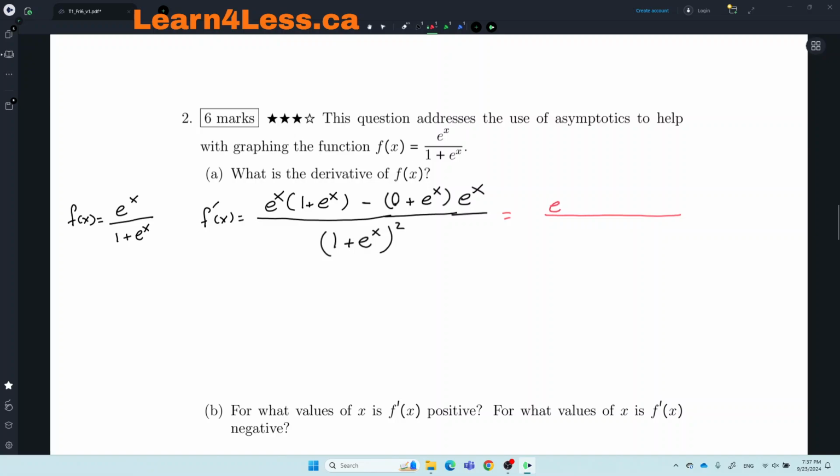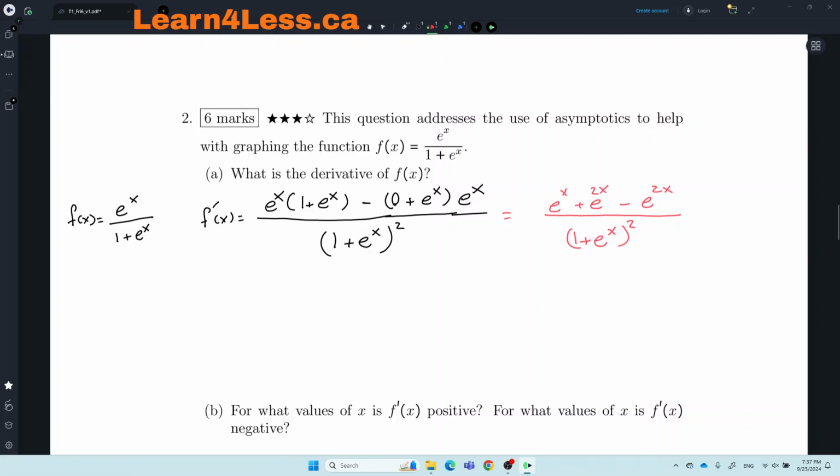So we can multiply e to the x into the bracket, e to the x plus e to the x times e to the x. It would be e to the x plus x because they have the same base, or basically e to the 2x, minus 0 times e to the x is 0, and e to the x times e to the x is e to the 2x, over (1 plus e to the x) squared.